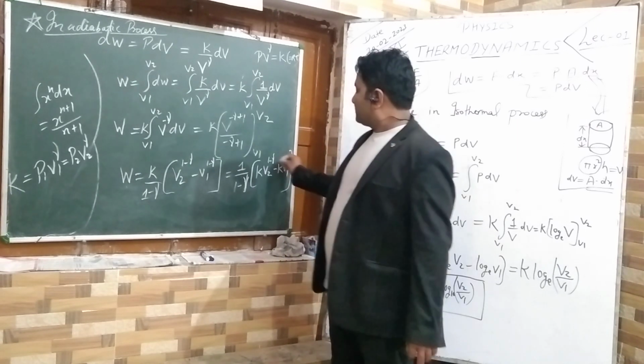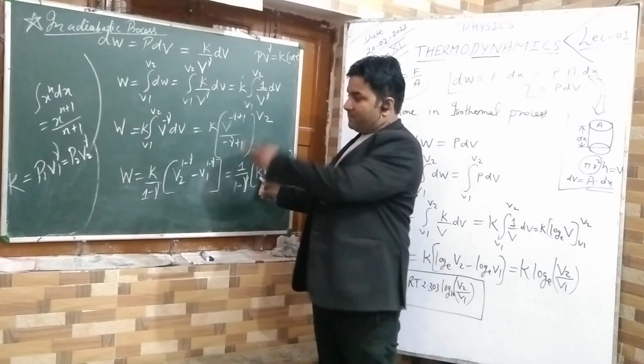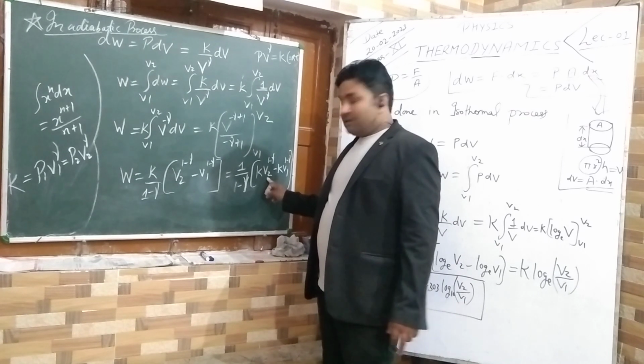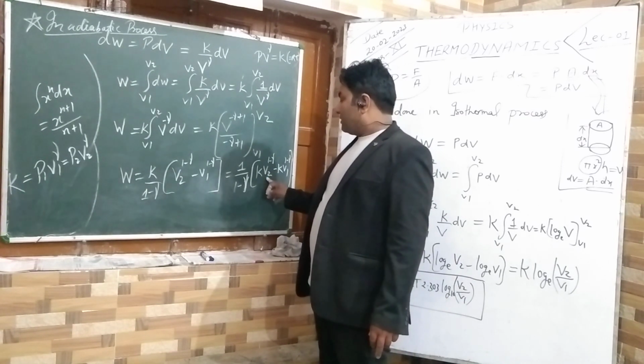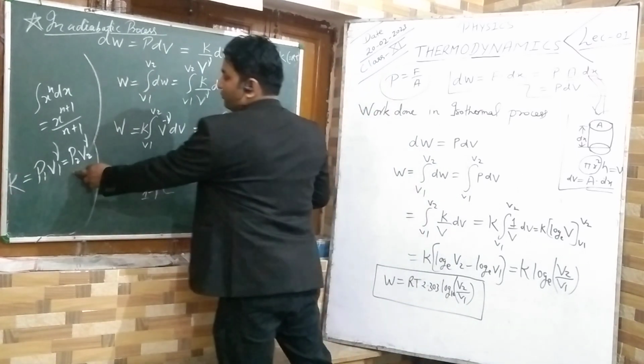Just see, this K one time using at this V2, resolving V2 here, so the K value P2 V2 power gamma.